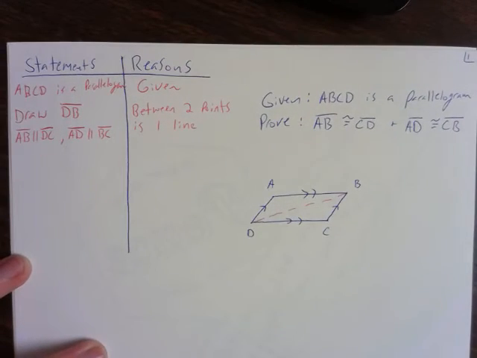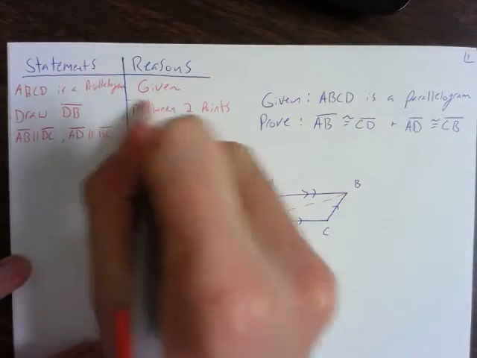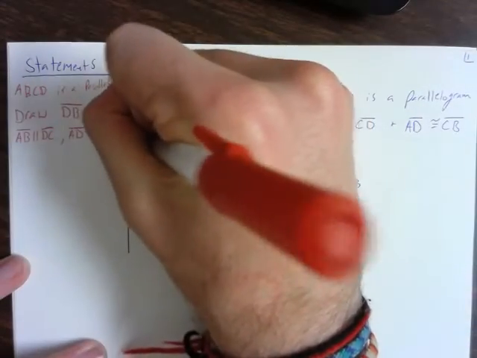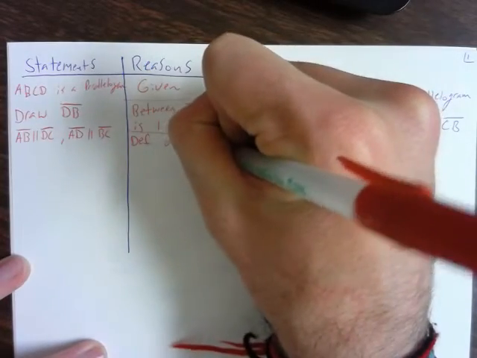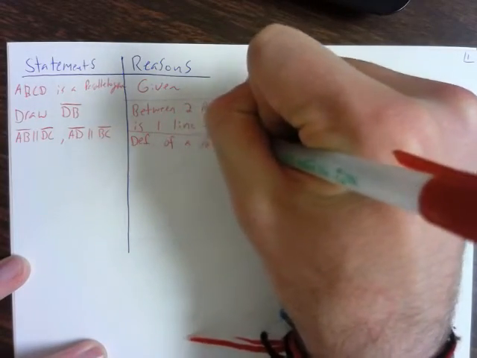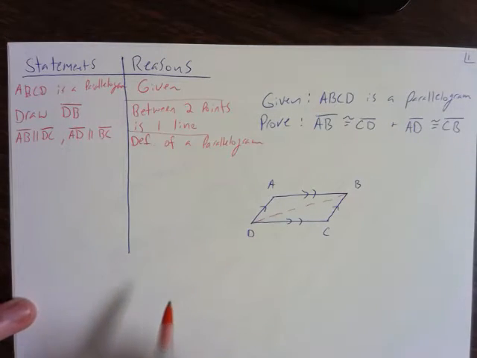And this is the definition of a parallelogram. Okay, remember we said that was our main definition of a parallelogram. So, definition of a parallelogram. Okay, so got that taken care of.